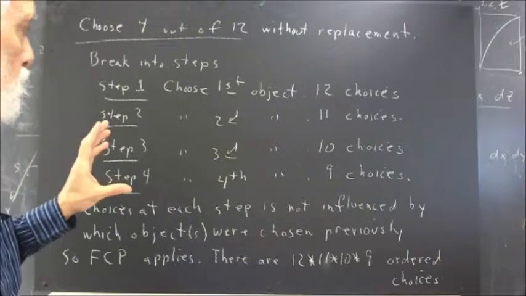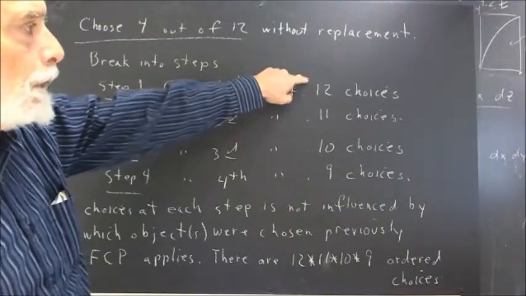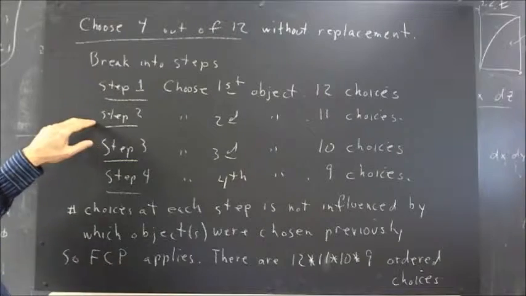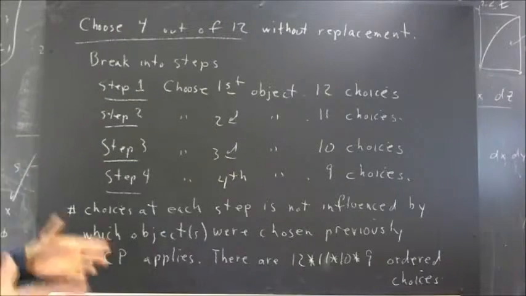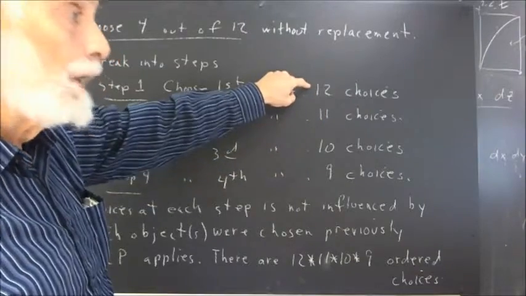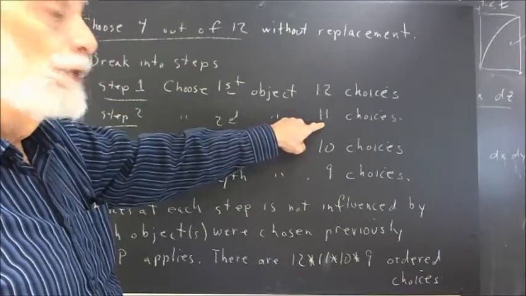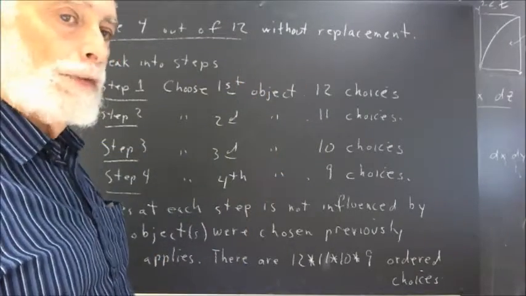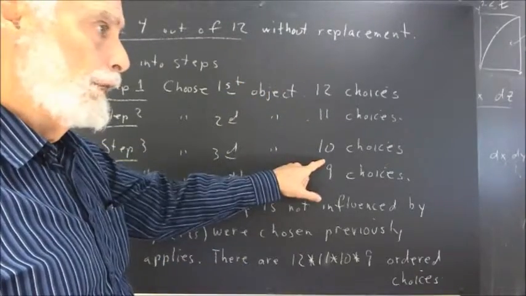Now, what you choose for the first object does influence what you have left to choose for the second object, but it doesn't influence how many choices there are. No matter which object you choose first, there are 11 choices for the second. And no matter which objects you chose for the first 2, there are 10 choices for the third.